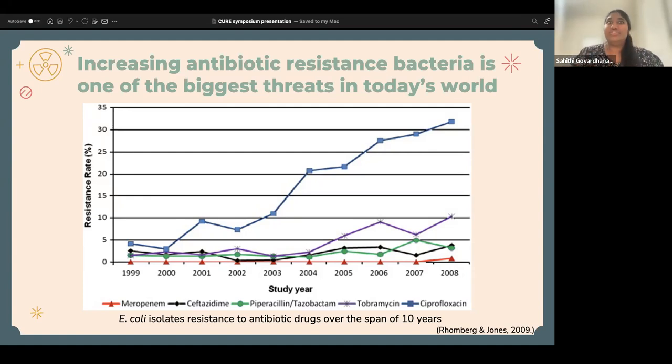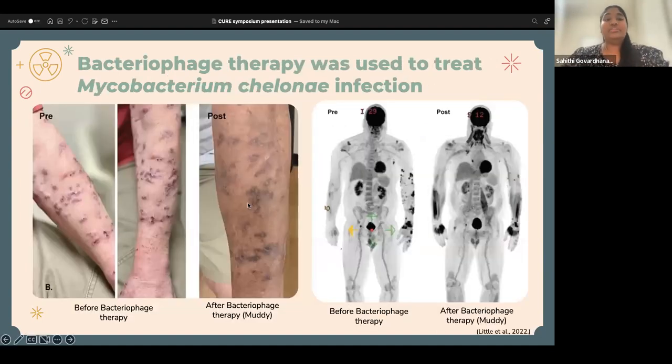Bacteriophage can essentially replace antibiotics in a process called bacteriophage therapy. So here is a 56-year-old male patient diagnosed with disseminated cutaneous Mycobacterium coloniae.